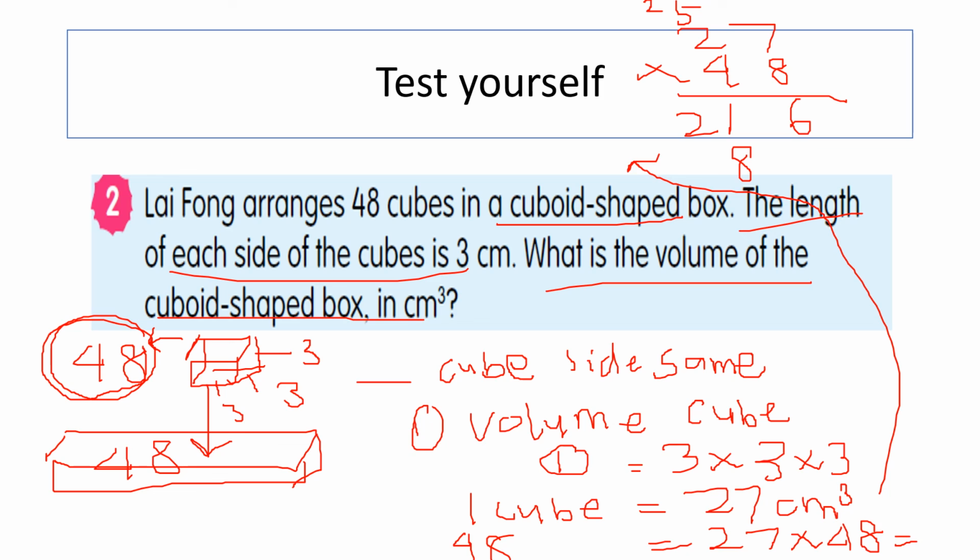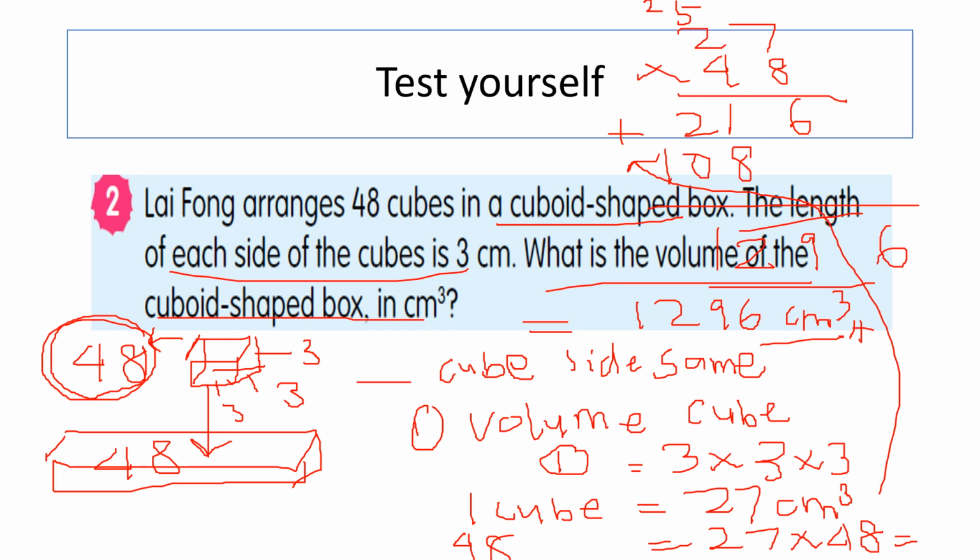So 2 times 4 is equal to 8, plus 2 is equal to 10. So you get the answer 1,296 for this row and add them up. So the volume of the cuboid shape will be 1296 centimeter cube. So this is the answer.